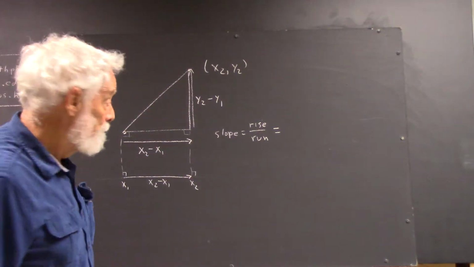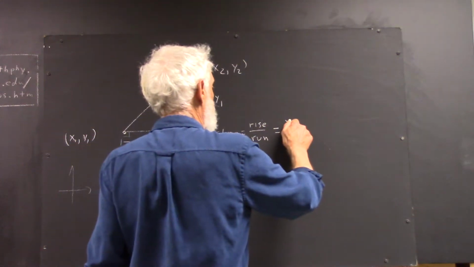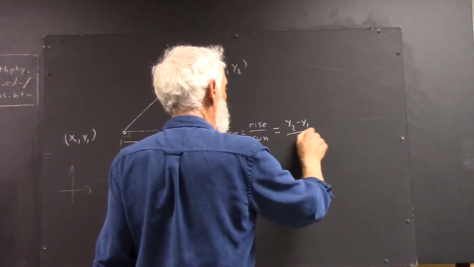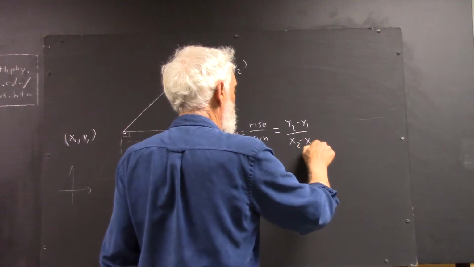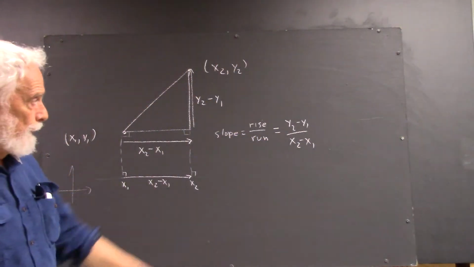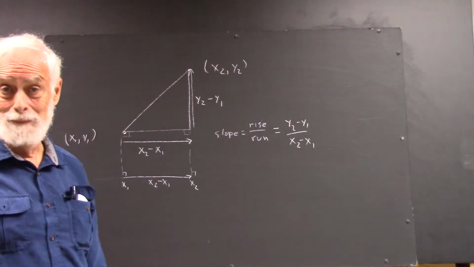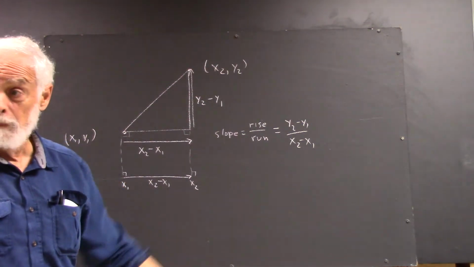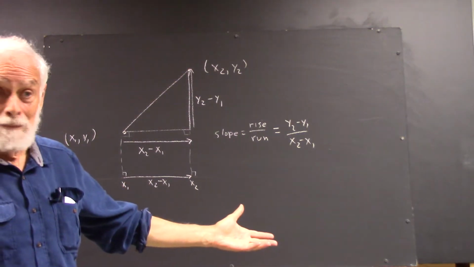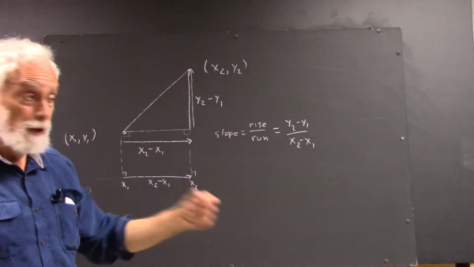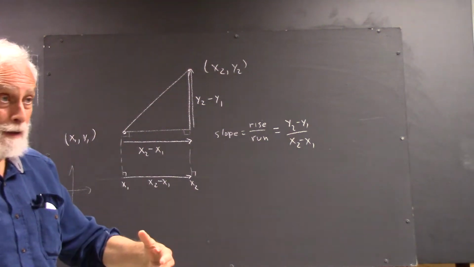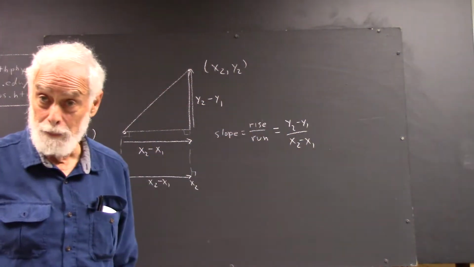Okay? Now, that then is y2 minus y1 over x2 minus x1. You will often see this as a formula for the slope between two points. I think probably everybody has seen this. Have you? Okay, that's the slope formula, but it has a lot deeper meaning than just a superficial formula somebody gives you.